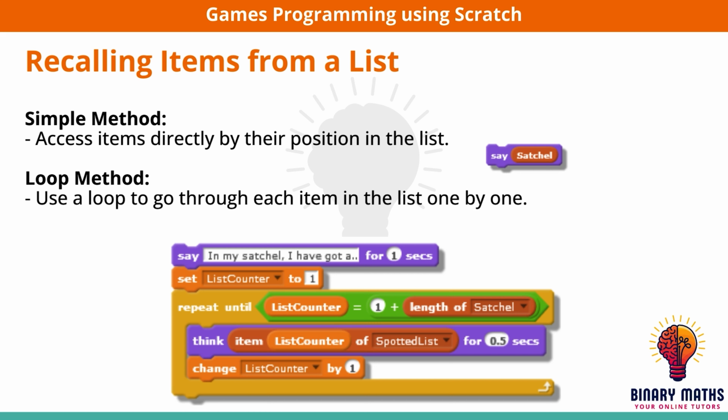This method will go through each item in the list one by one. This is useful if you want to check every item in your inventory. And here's a pro tip. Add comments to your code to explain what each part does. This will help you and others understand your code later.